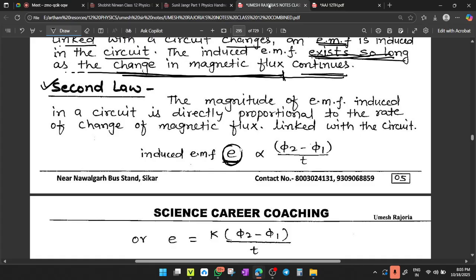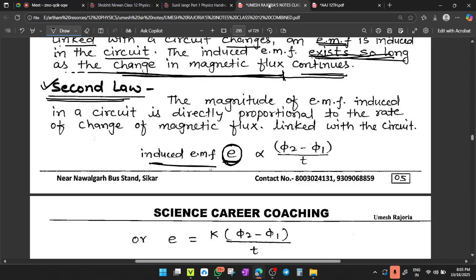The concept of direction is given by another scientist, Lenz. But Michael Faraday only gave the concept of the magnitude of induced EMF. So the magnitude of EMF induced in a circuit is directly proportional to the rate of change of magnetic flux linked with the circuit.